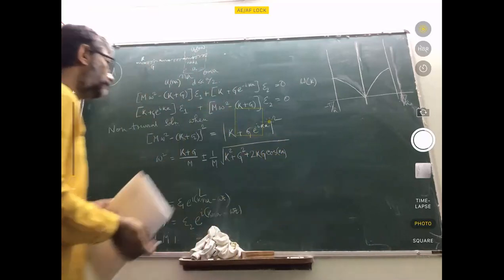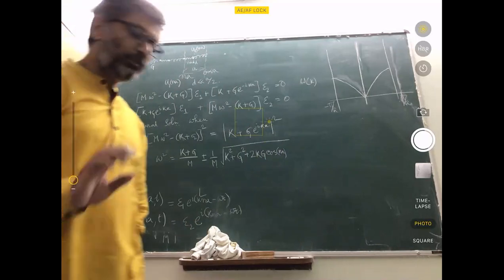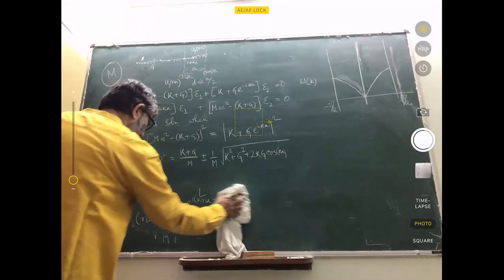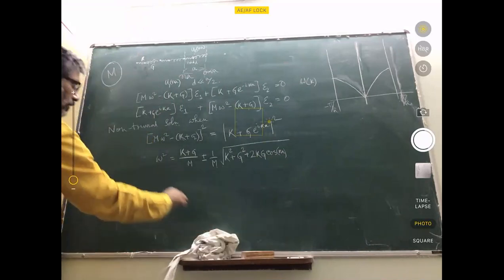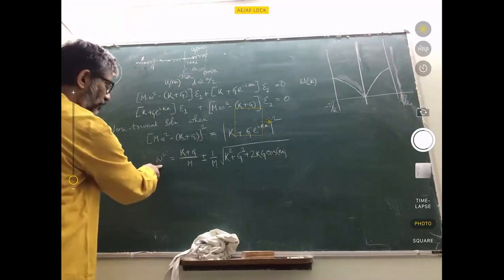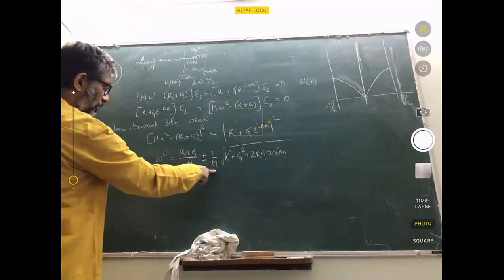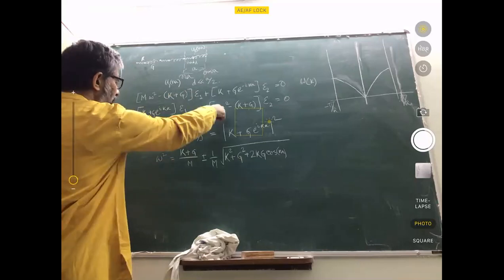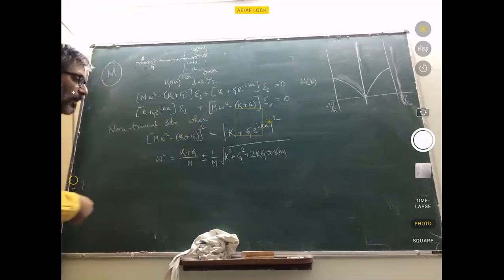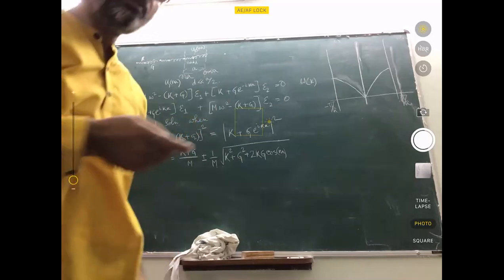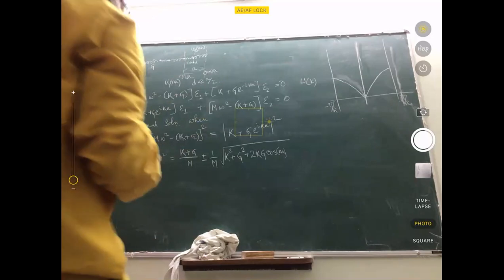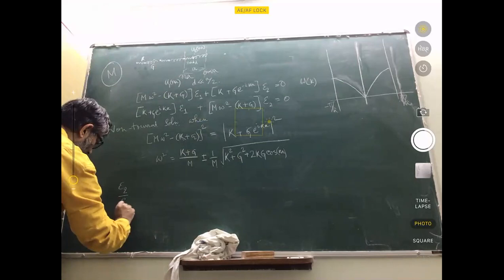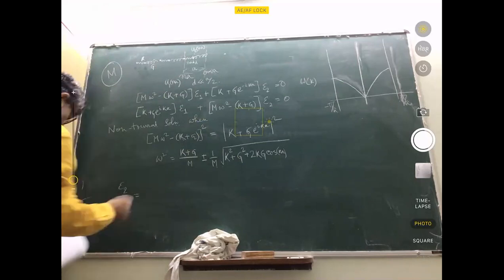So you get two values of omega. Now you take the two values of omega and put them in any of these equations, and from there you can calculate a ratio of epsilon 2 and epsilon 1. So you get two different ratios in two different cases, depending on which value of omega you take.